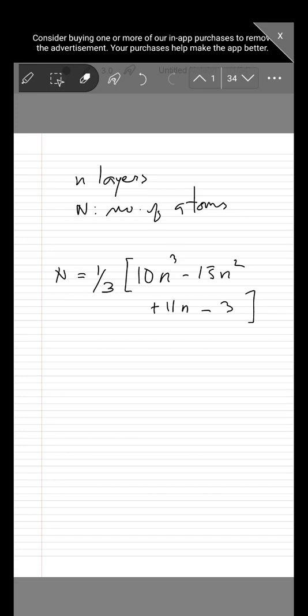So let's use it. For example, if you take n equal to 1, the value of N will be 1/3 into (10 - 15 + 11 - 3).